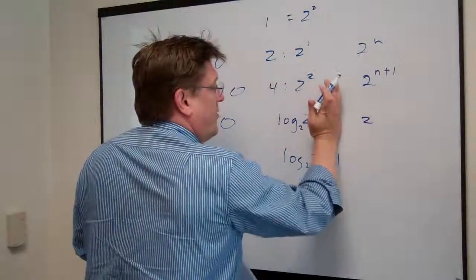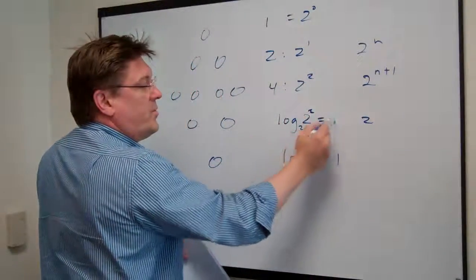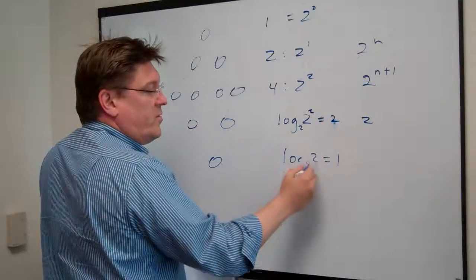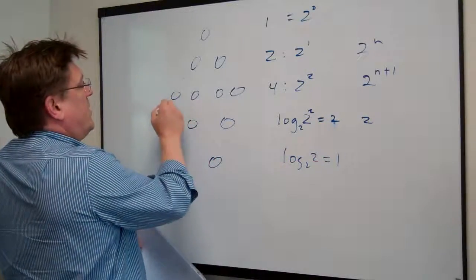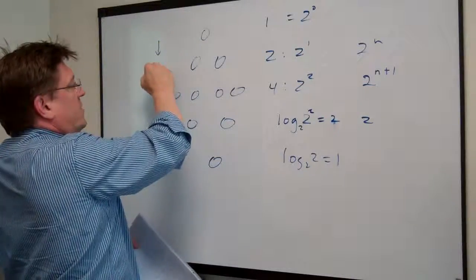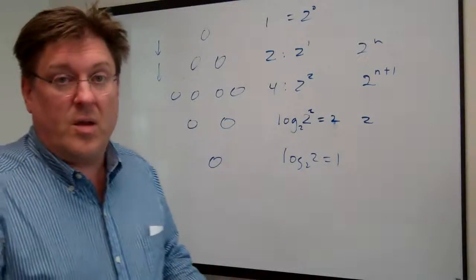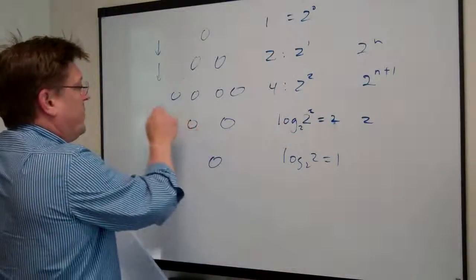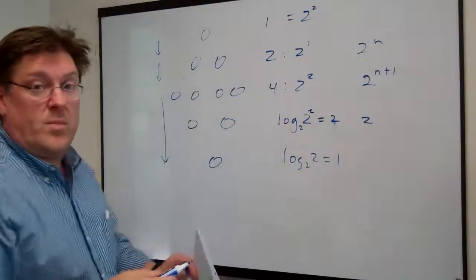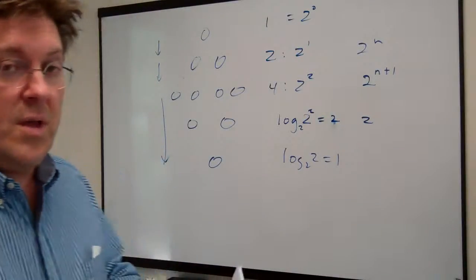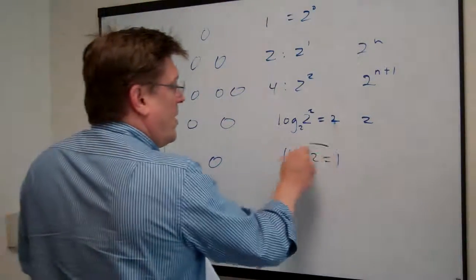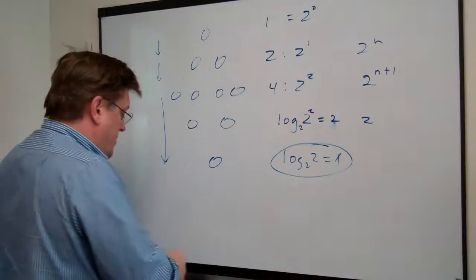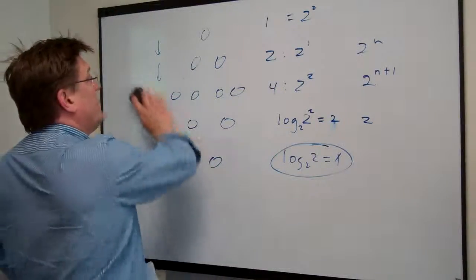Sorry, log base 2 of 2 to the 2 equals 2. Log base 2 of 2 equals 1. So when you increase the number by doubling it, you're raising 2 to that power. But if you reduce it by cutting it in half, you're taking log base 2. So that's important because that comes in at the end of this proof.